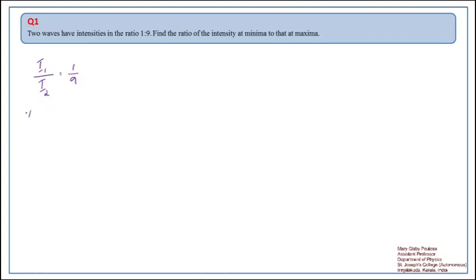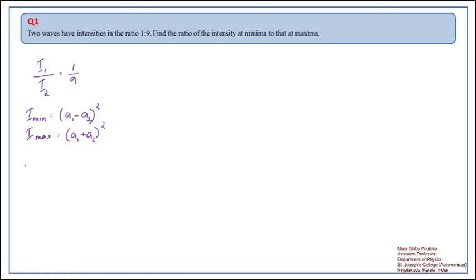Now intensity at minima is usually given as the square of the difference in amplitudes of these two waves. Okay, and intensity maxima is given as the square of the sum of the amplitudes of the individual waves. Okay, now for that we need to find A1 and A2.